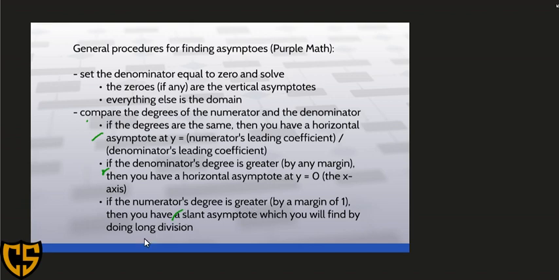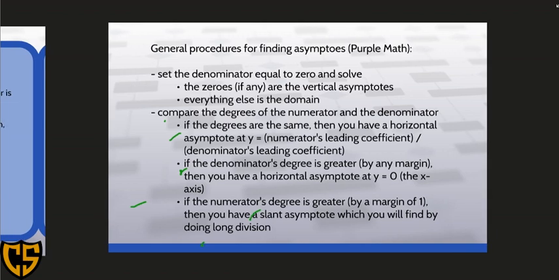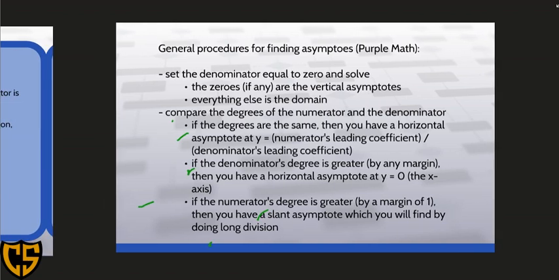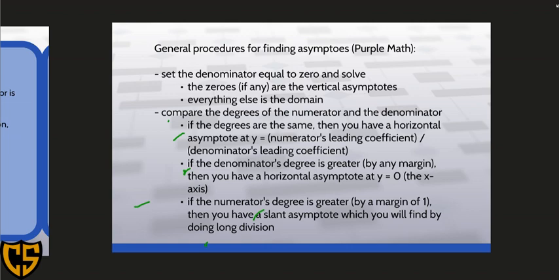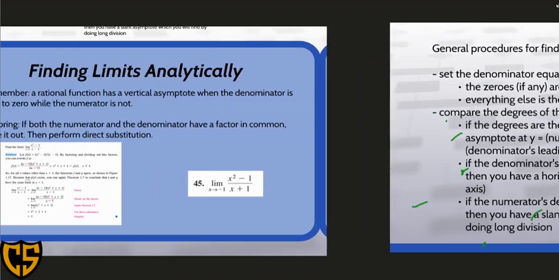For the third condition, if the numerator's degree is greater by a margin of 1, so if the difference of the degrees of your numerator and denominator is only one, you have a slant asymptote, which you will find by doing long division. We will not get into the detail with this because this is a geometry topic. So you could better have some review with your geometry topics for your asymptotes.